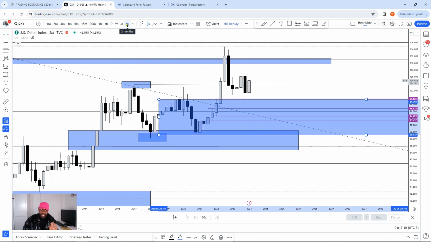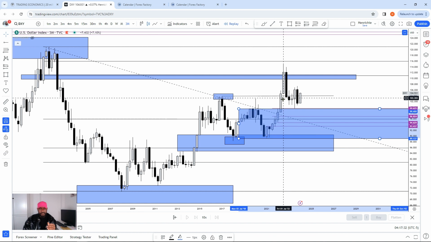This is our 3-month time frame. It takes 3 months for each candle to form and close, and it's going to take another 3 months for another candle to form and close.